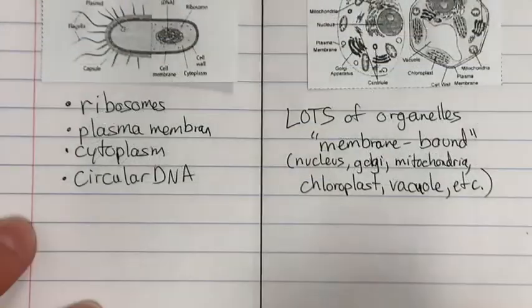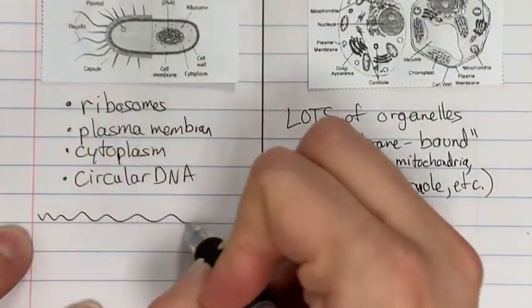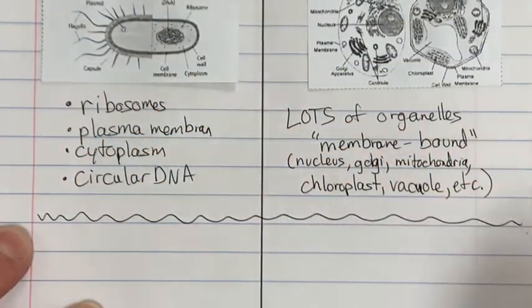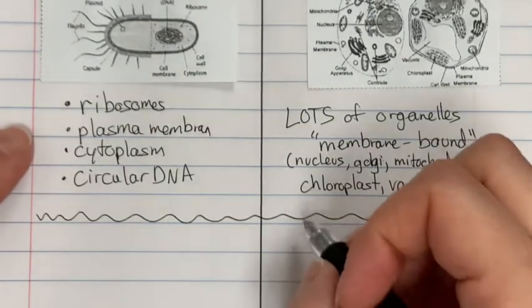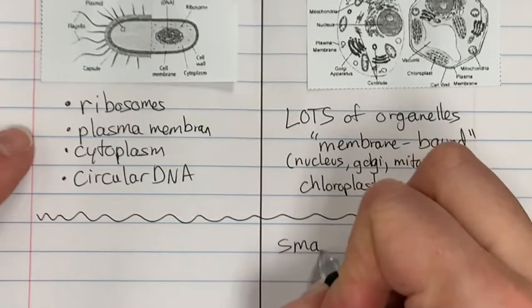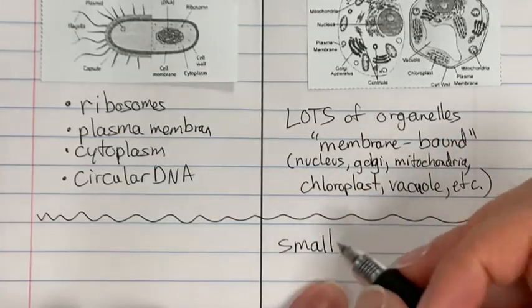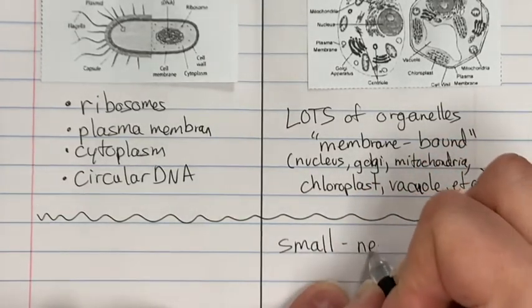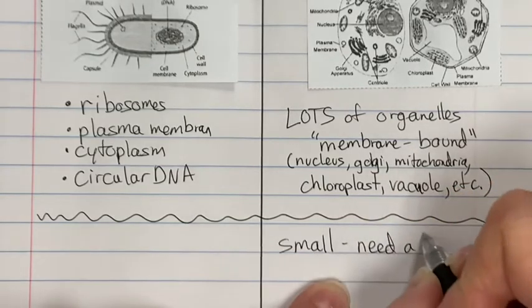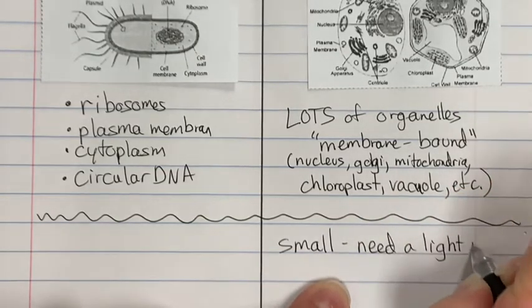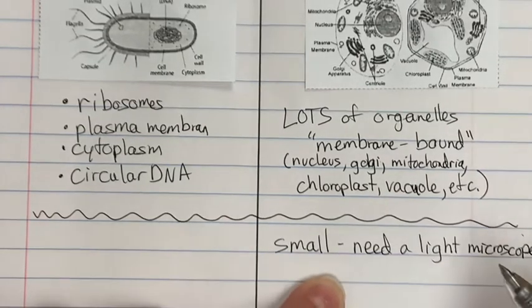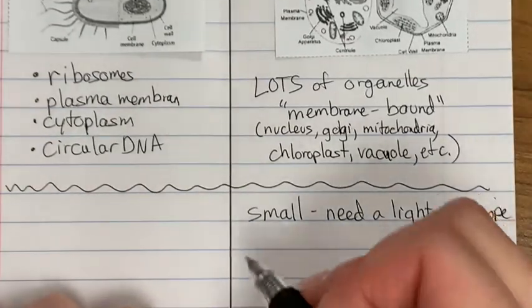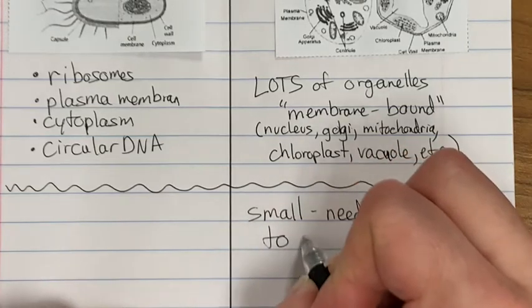Another important difference between prokaryotic and eukaryotic is size. Eukaryotic cells are small. There's no question, they're a cell, okay? You need what's called a light microscope to be able to see them.